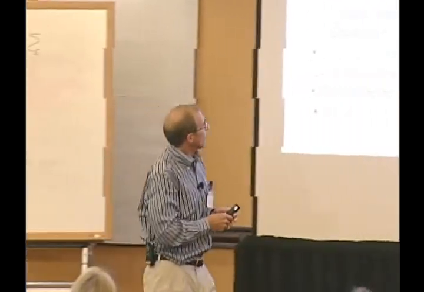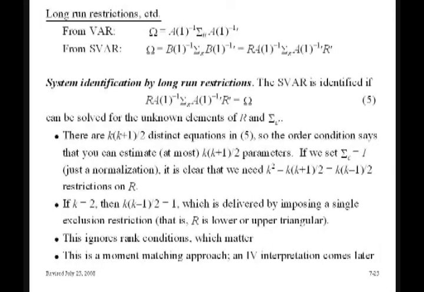So the spectral density matrix at frequency 0 basically says that A of 1 inverse times sigma u times A of 1 inverse prime is equal to D of 1 times sigma epsilon times D of 1 prime.